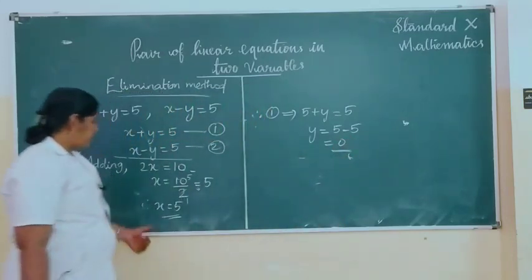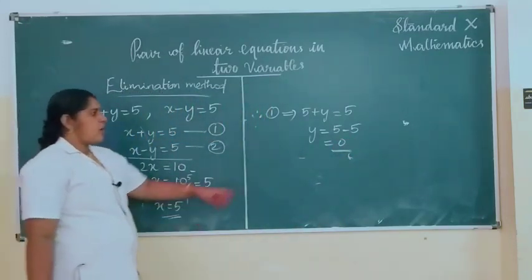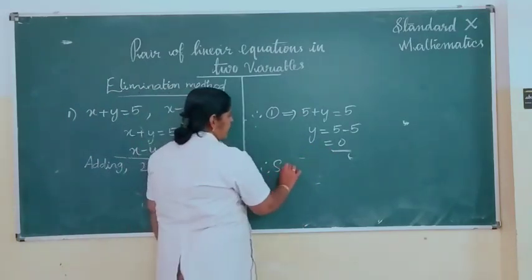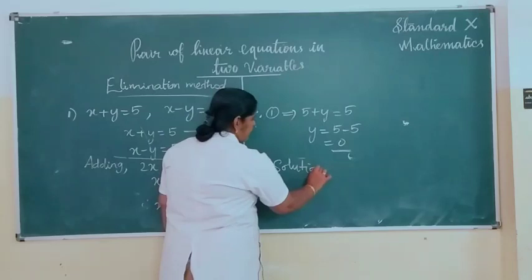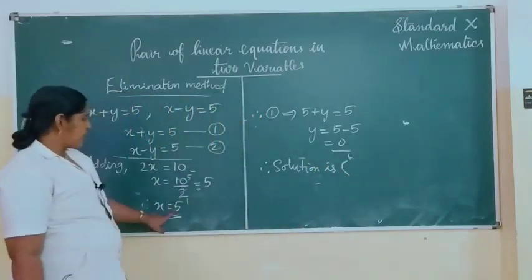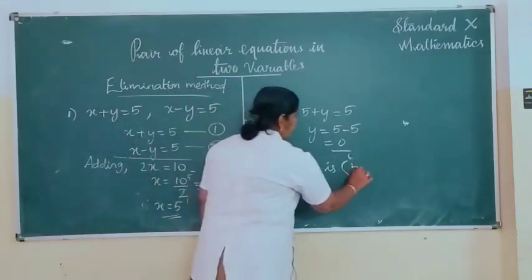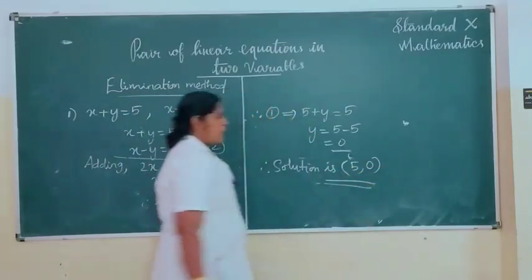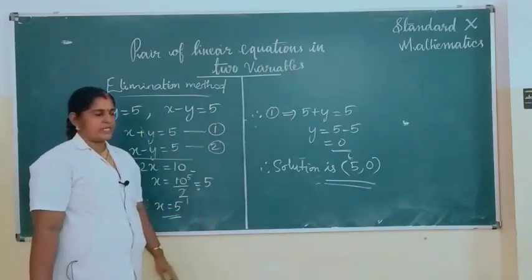So when we put x equal to 5, we got y equal to 0. So the solution of the given pair of linear equations is x value 5 and y value 0.